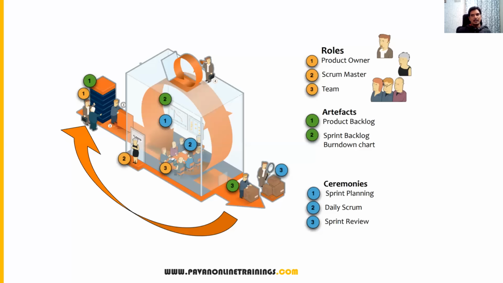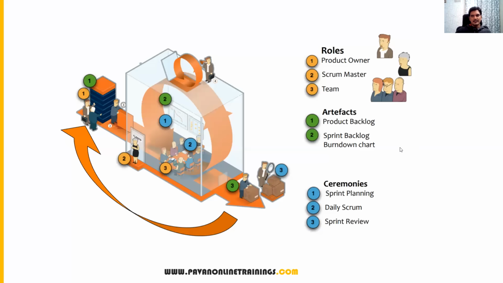The burn down chart is managed by the scrum master, and says how much work is planned, how much is completed, and how much is yet to be completed. This is also one of the artifacts. So roles, artifacts, and ceremonies are the important things we need to understand in the Agile Scrum process.